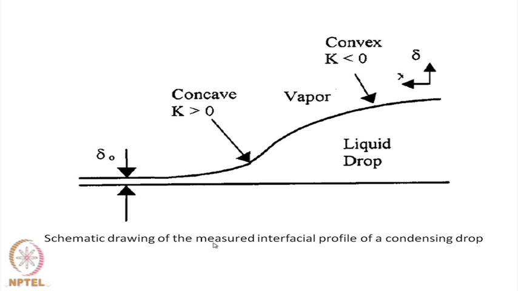Now, the situation is slightly different if we look at a partially wetting film. In this, I have drawn the schematic of the interfacial profile of a condensing drop. The liquid drop starts as convex at the top, so its curvature K is less than 0, and at a certain point it changes from convex shape to a concave shape and asymptotically merges with a thin film in front of it.